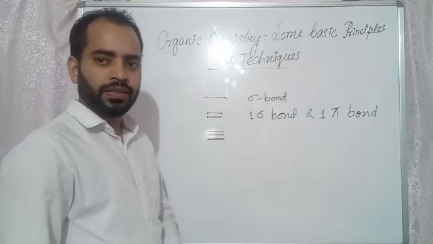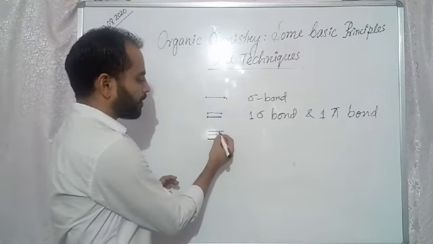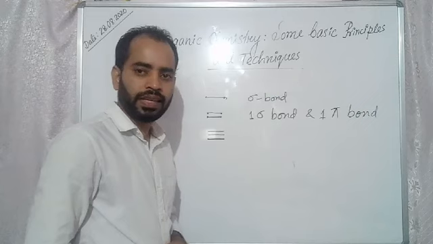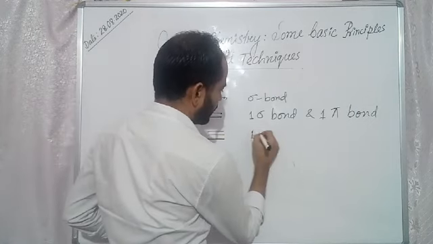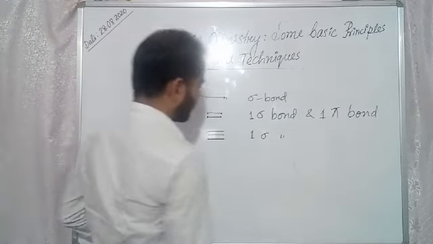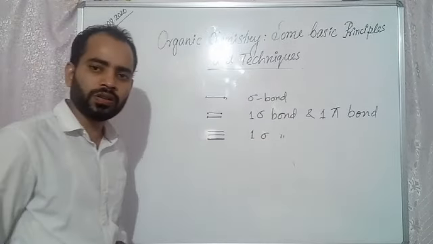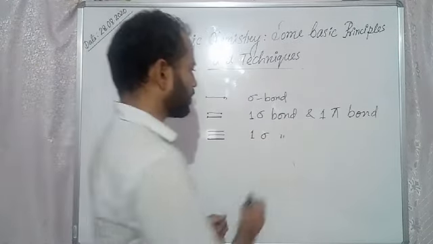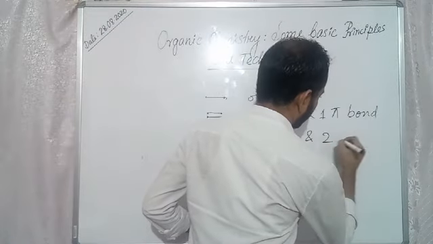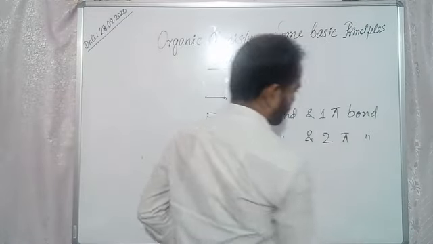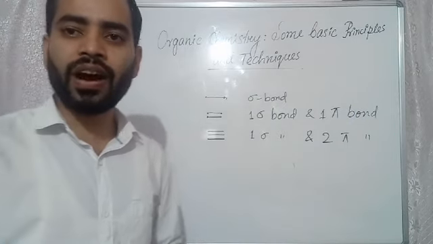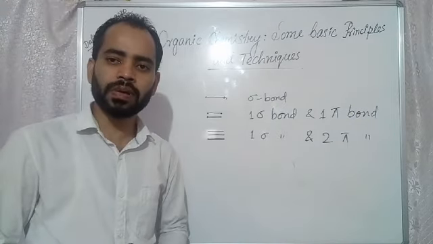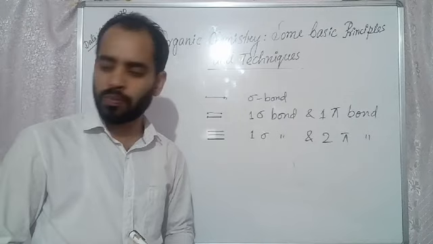Is it clear? Similarly, if there are 3 bonds, then one is a sigma bond and the remaining 2 bonds are called pi bonds. Is it clear? So you can easily find the number of sigma bonds and pi bonds in a compound.